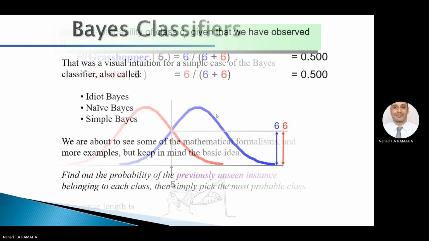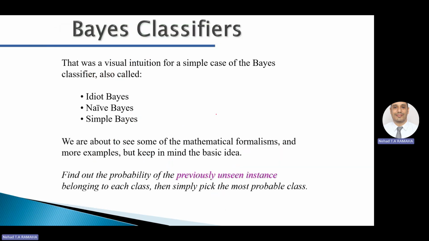Let's move to the classifiers. The Bayes classifier has many names. What's this one? Idiot Bayes. It's not because it's idiot. It's very clever, but it's very simple.